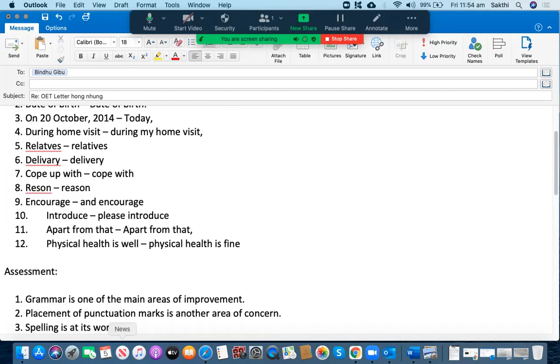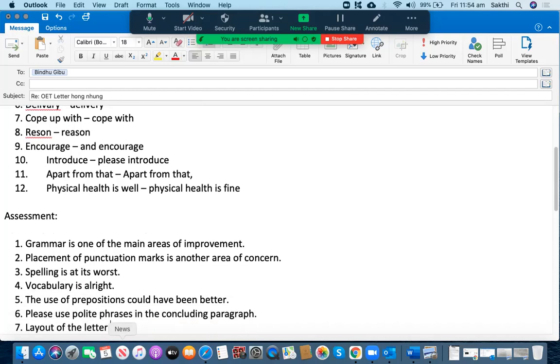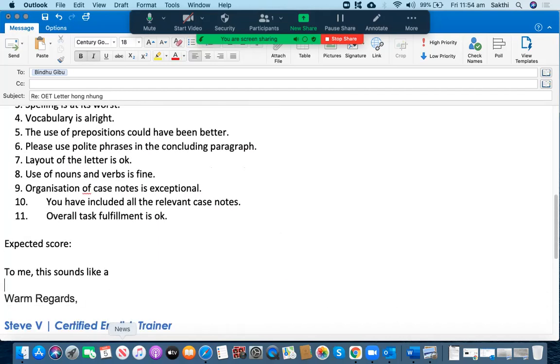The only areas you need to focus on are the use of prepositions, correct spelling, and the use of formal words. Okay, you have to use polite phrases and punctuation marks. So these are the areas you have to focus on. According to me, this sounds like a 300 out of 500 grade letter. Well done, you have done a good job.